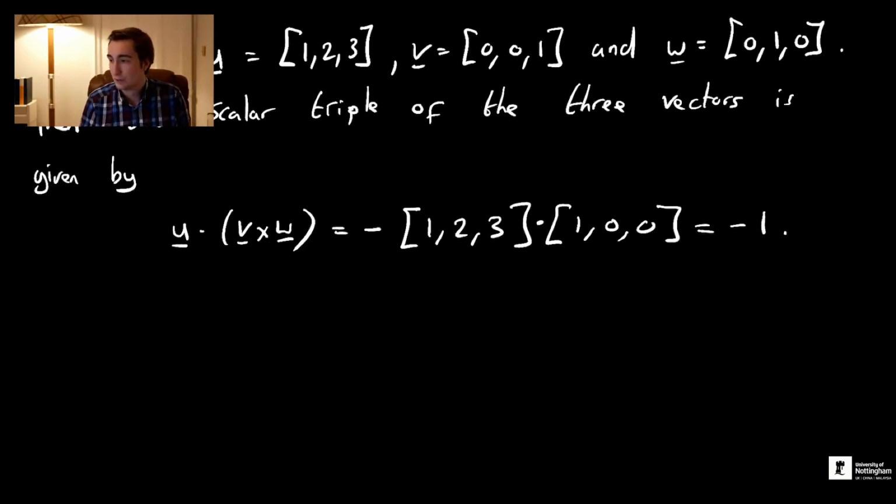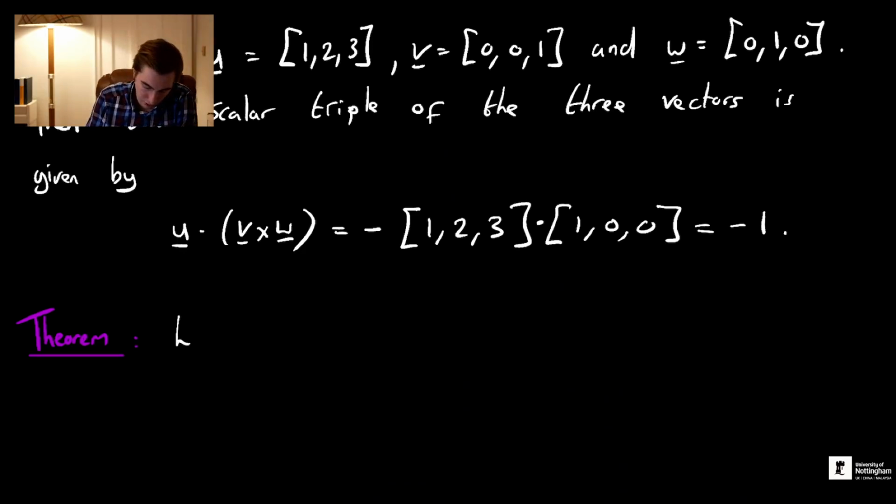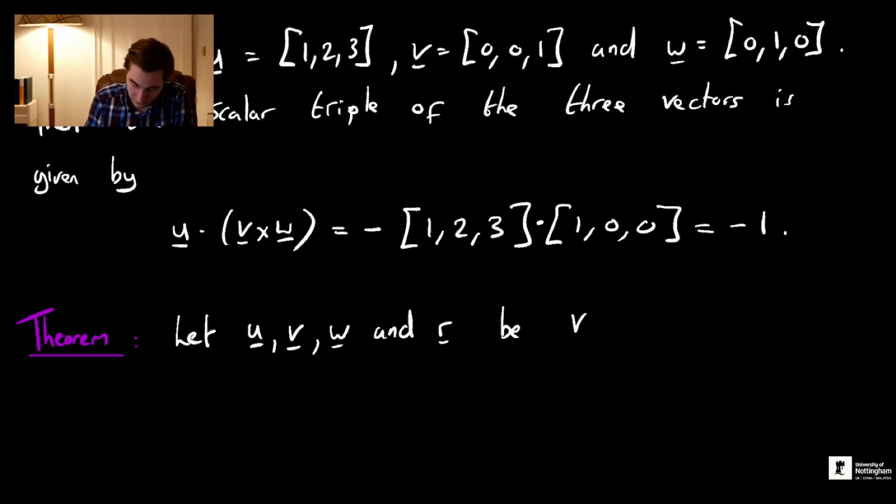And much like before, there are some useful properties that we can write down of the scalar triple product that allow us to make computations slightly more tolerable. So in this situation, we let U, V, W, and R be vectors in R3.